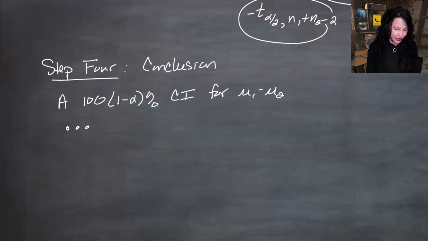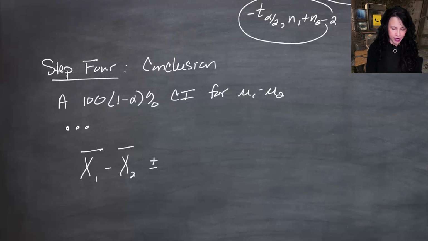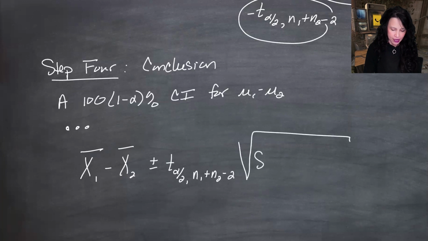You're going to end up with x1 bar minus x2 bar plus or minus t sub alpha over 2, comma, n1 plus n2 minus 2 times the square root of sp squared, 1 over n1 plus 1 over n2.